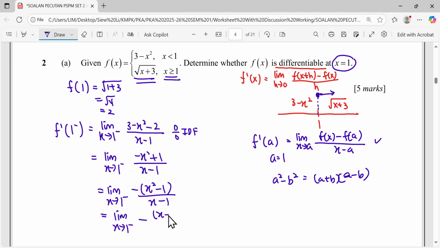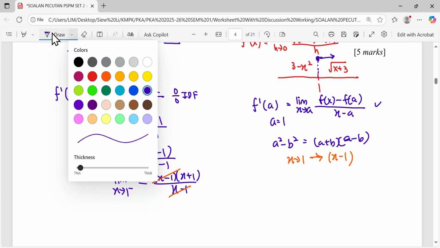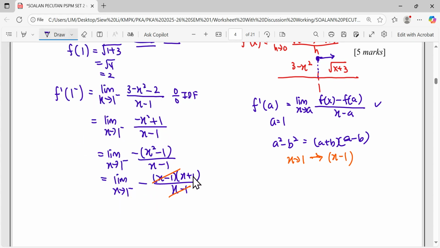Therefore here we have x minus 1, x plus 1. The factor causing the indeterminate form is x minus 1, so that is what you need to simplify. Found the factor. Simplify this 0 over 0, then evaluate the limit again, we get negative 2. So this is from the left hand side.